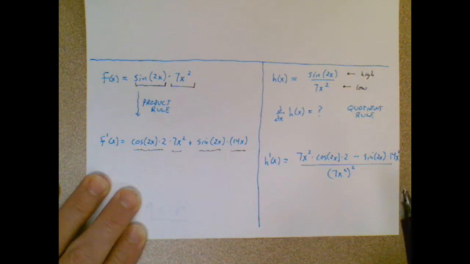So if you sing that song, it's going to help you with the quotient rule one more time. Low d high minus high d low all over denominator squared. Quick review. See ya.